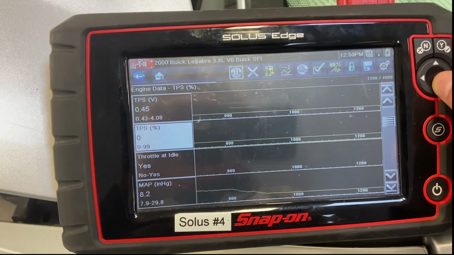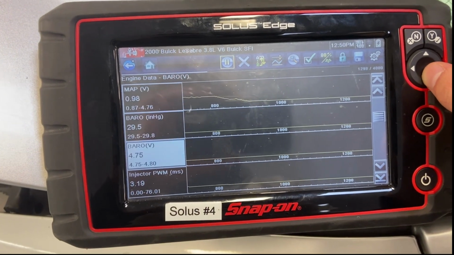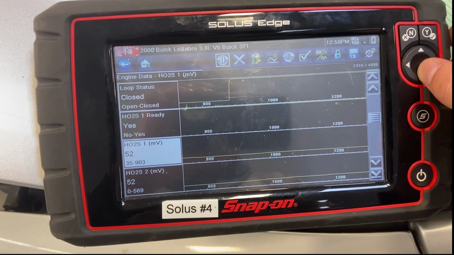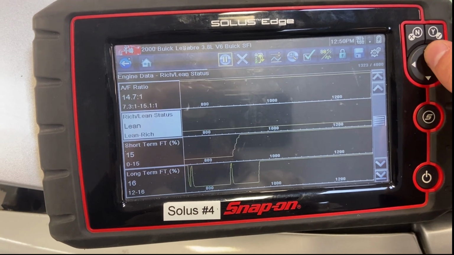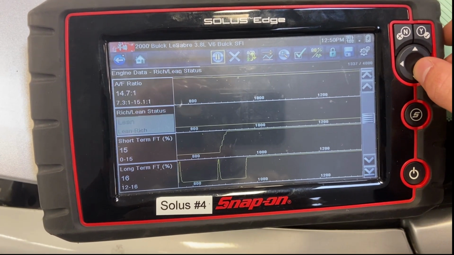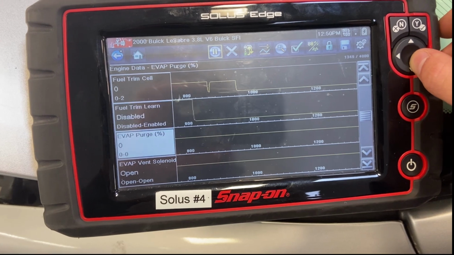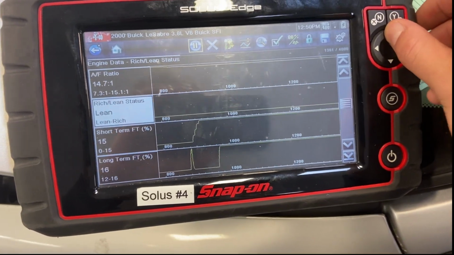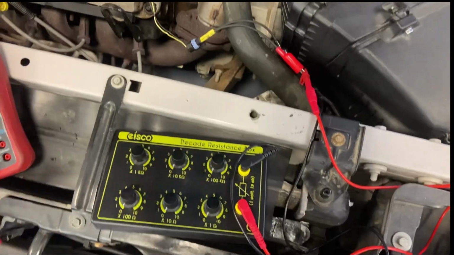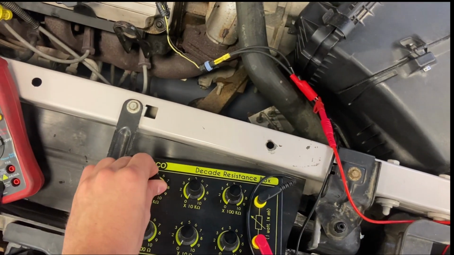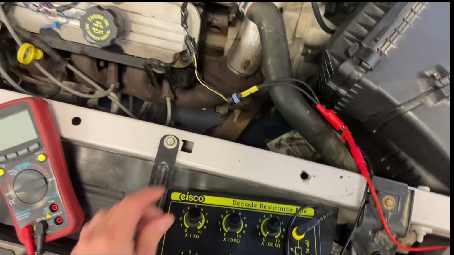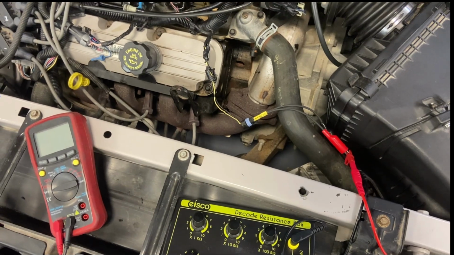And there we can also see how it's changed our sensor readings, including our fuel trims and other readings. We can also hear an audible change in how the engine runs as idle increases at a colder temperature.